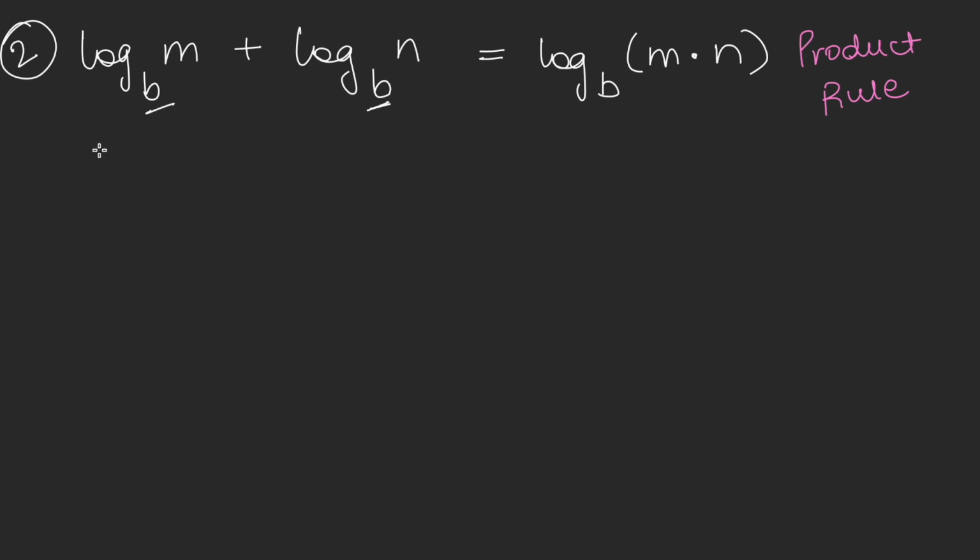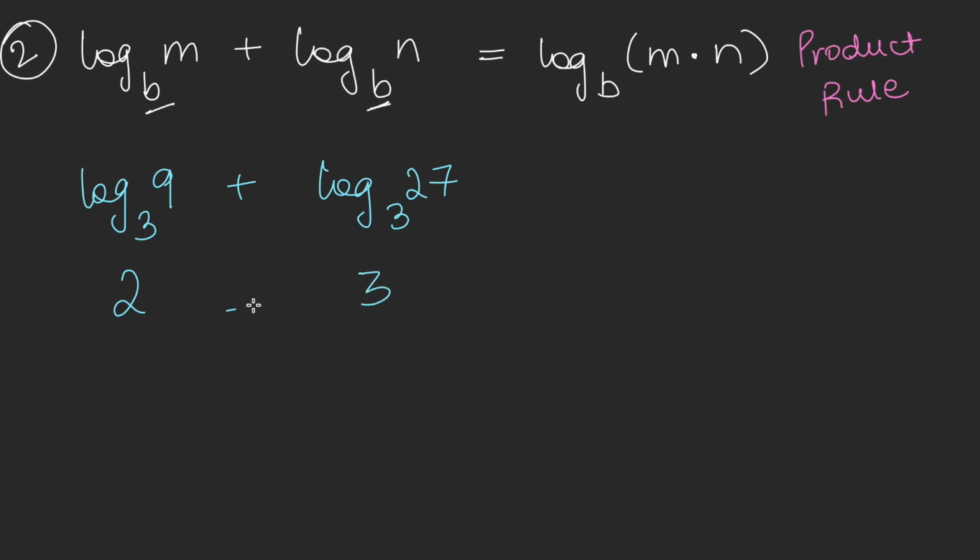Now how does this work? Say I have log base 3 of 9 plus log base 3 of 27. What are my values for each of these? We know 3 to the power 2 will give me 9, so the value of this is equal to 2. 3 to the power 3 will give me 27, so the value of this is 3.